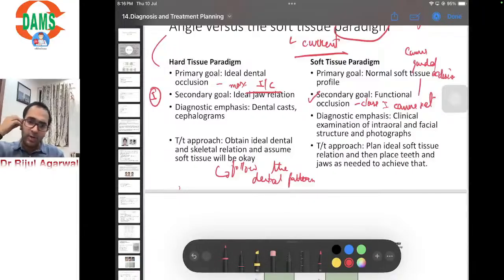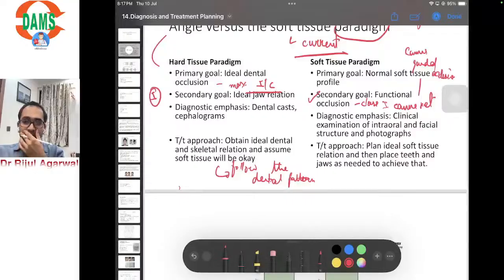If you remember in my previous lecture on cephalometry, I told you how Tweed came up with his analysis. What he did was a retrospective study of his cases, and he observed that the reason for relapse or failure of his cases after removal of braces was non-ideal facial tissue.